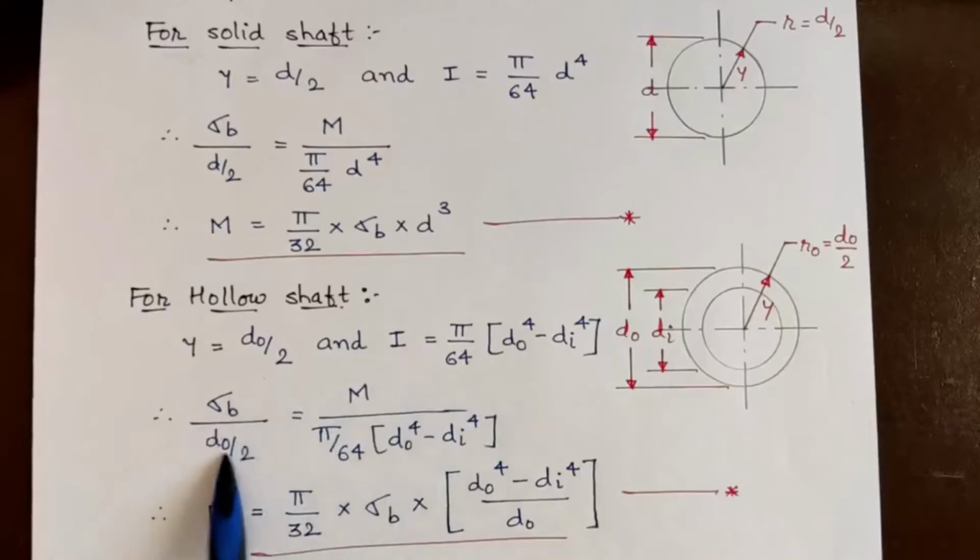So by simplifying this equation, we will get capital M is equal to pi by 32 into sigma b into (do raised to 4 minus di raised to 4) by do. In most of the cases, M, sigma b and a relation between do and di will be given. So we can replace any of these two values and find out the other values.